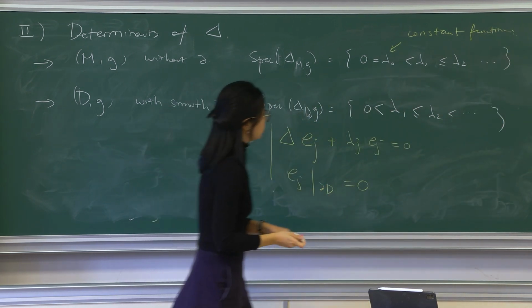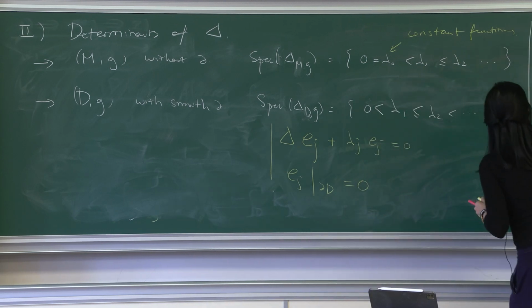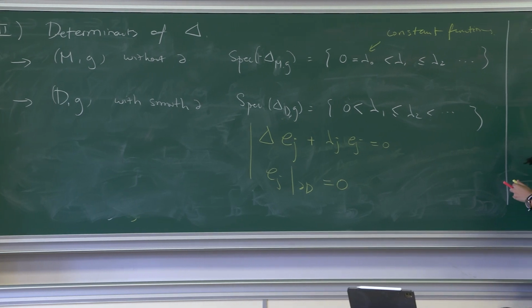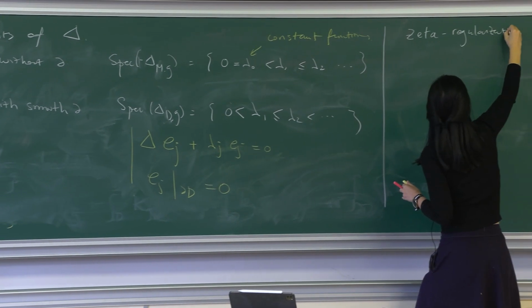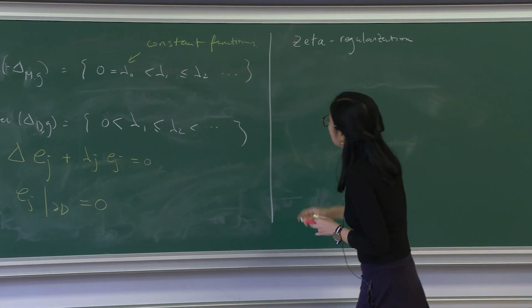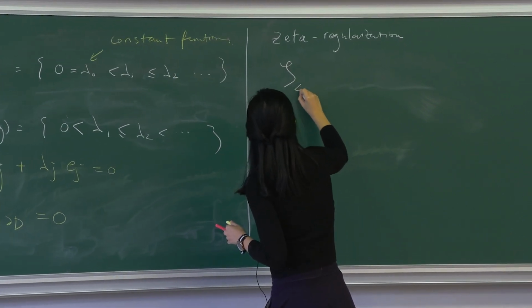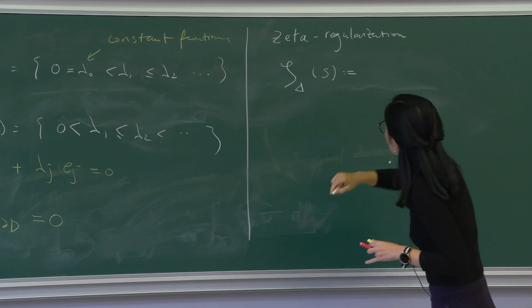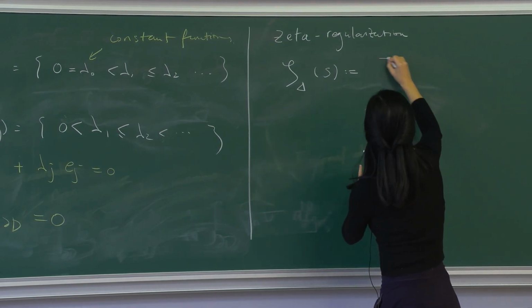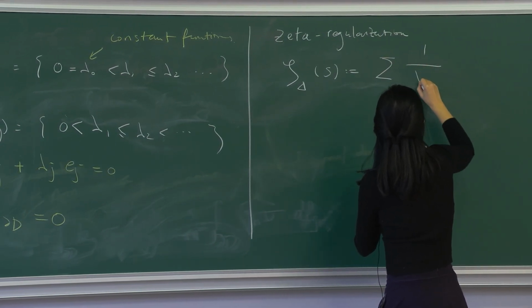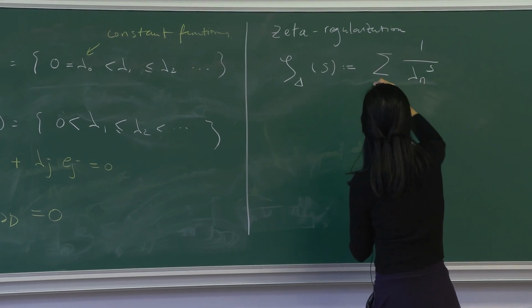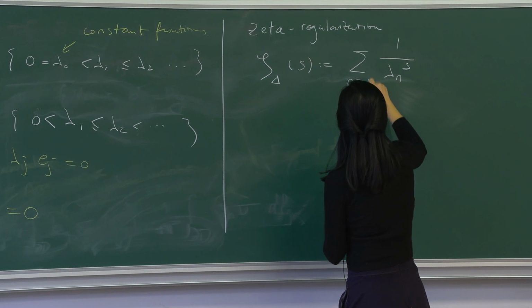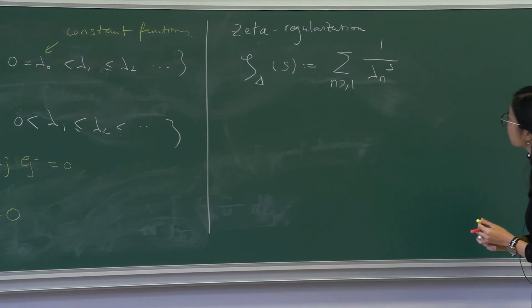To define the determinants of Laplacian, we will use the following, called the Zeta regularization. We define the Zeta function to be the sum over 1 over lambda n to the power s, where I only count the non-zero eigenvalues.